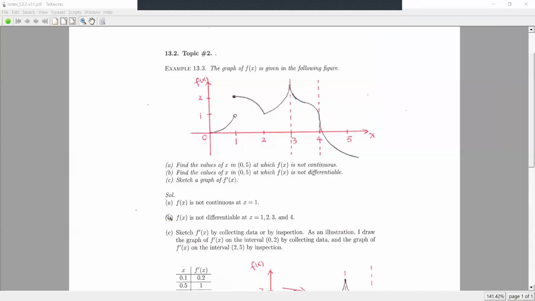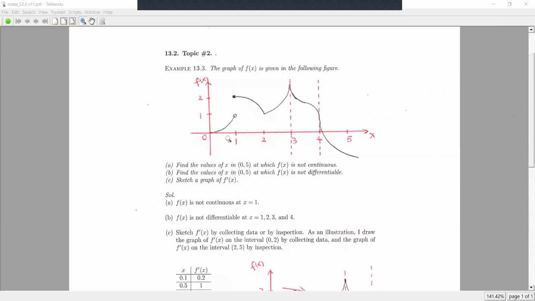Solution to part B. At point 1, the graph is not continuous. So at point 1, the graph has no tangent line. Because derivative is slope of the tangent line. No tangent line there, so no derivative there.